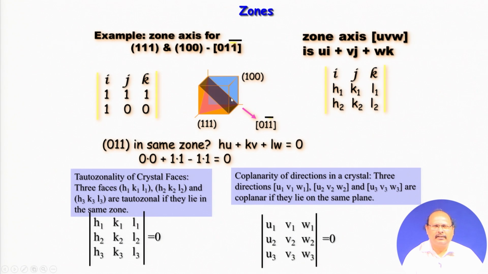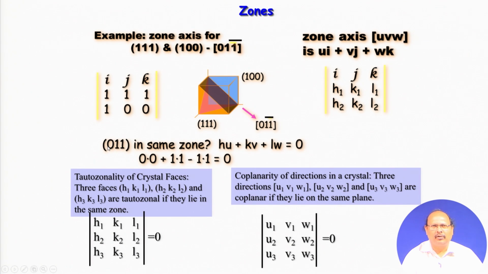Now, the question here is whether this direction or zone axis lies in the same plane, so let us consider a plane which is called 0 1 1. Does this plane lie in the zone with a symbol of 0 1 bar 1? Let us apply the zone condition here: h u plus k v plus l w. Let us see whether this is 0.